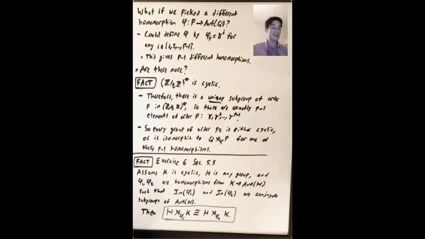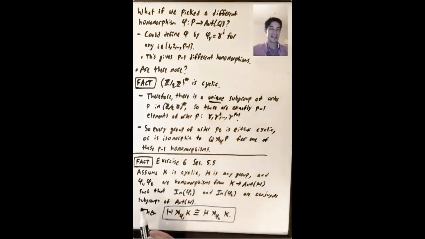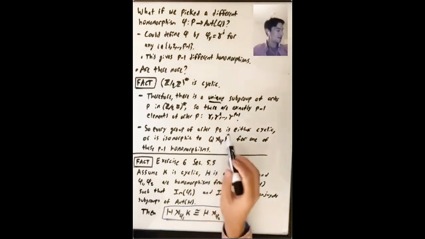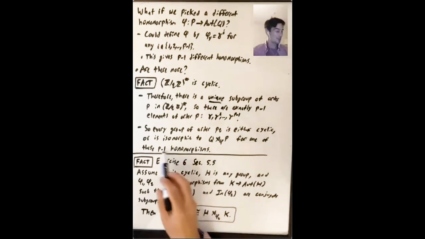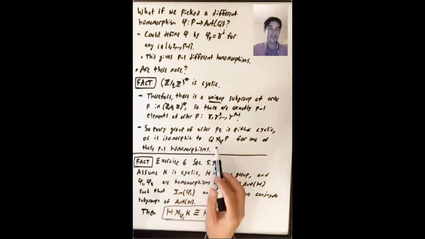And how do we know that they're conjugate to each other? Because (Z/qZ)* is cyclic, using this fact, which means it has a unique subgroup of order p. So not only are these subgroups conjugate, they are equal to each other. That will say that any one of these p minus 1 different semidirect products that come from choosing these different non-trivial homomorphisms all give isomorphic groups of order pq.